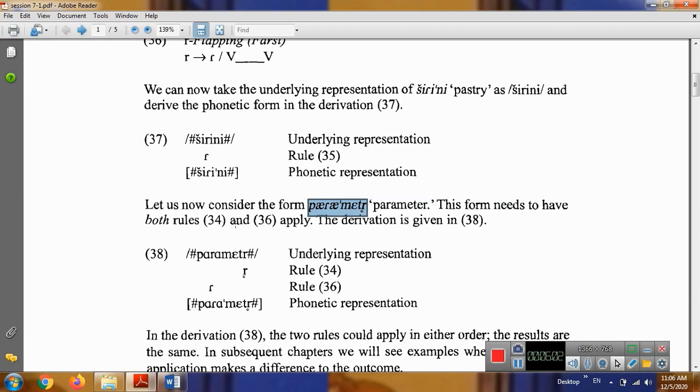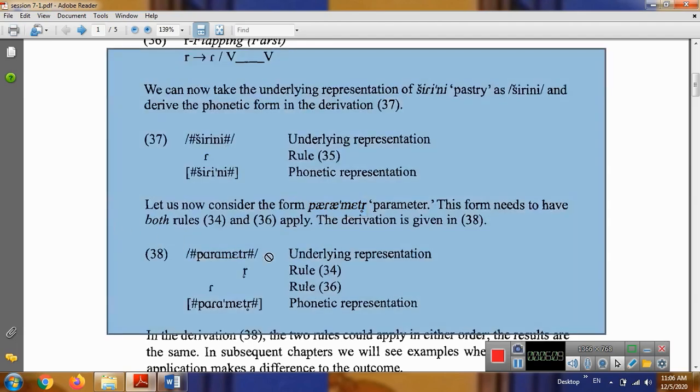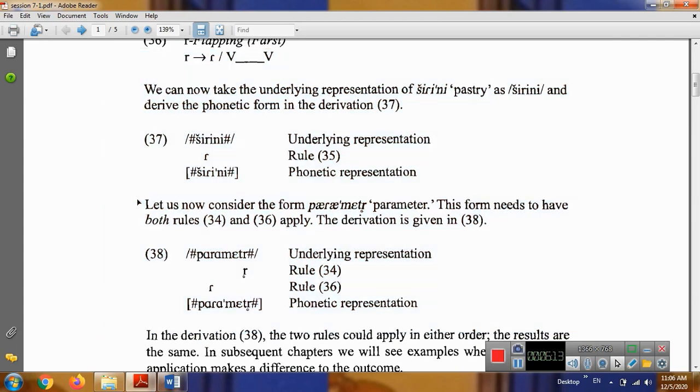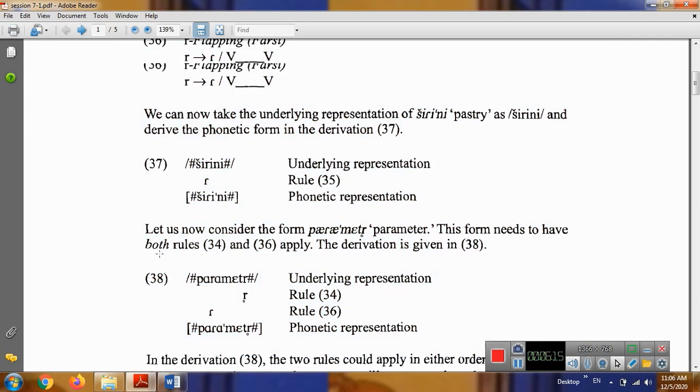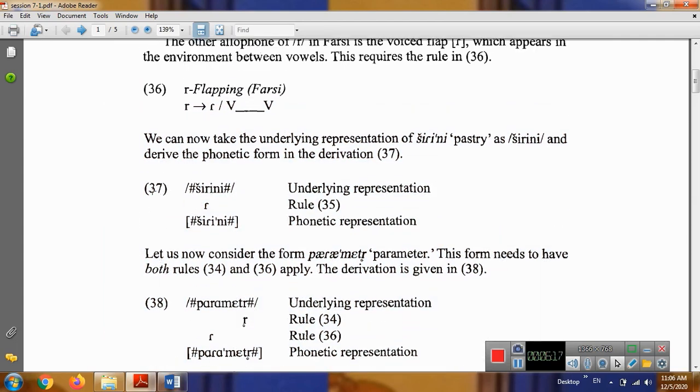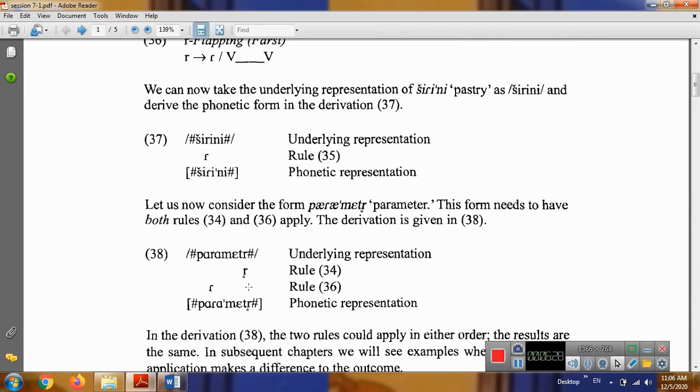This form needs to have both rules 34 and 36 apply. The derivation is given in 38. Okay, in 37 and 35 we just had the derivation of one rule, but here we have two rules.